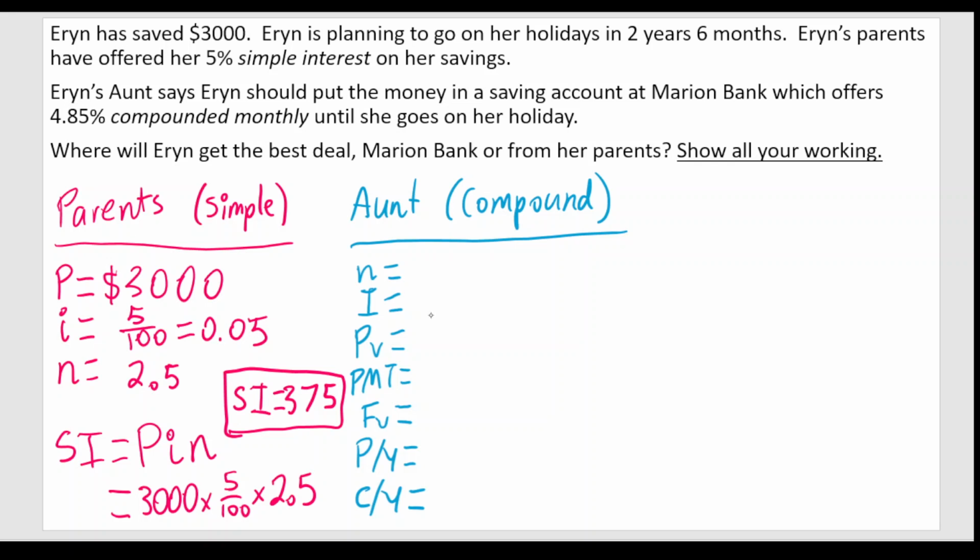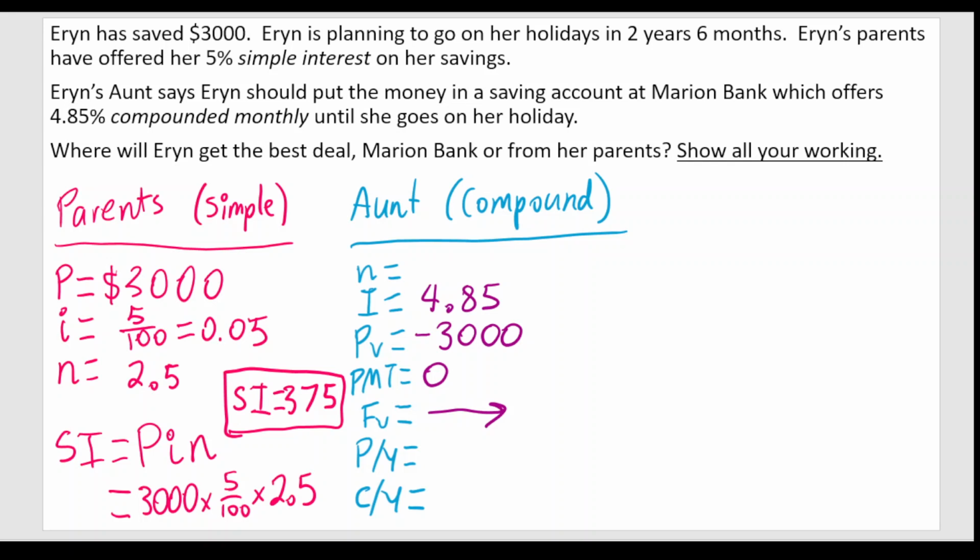Again, we're going to start off with 3,000. So we're going to say negative 3,000 because we're giving that to the bank. She's not making any regular payments, so PMT is 0. The interest rate is going to be 4.85. The future value is what we don't know, so we just put an arrow or a question mark just to remind ourselves that we don't know that yet. You can just set that to 0 in your calculator.